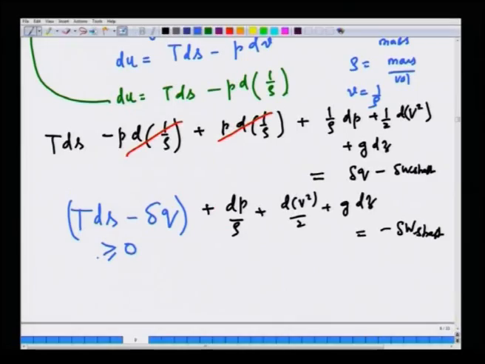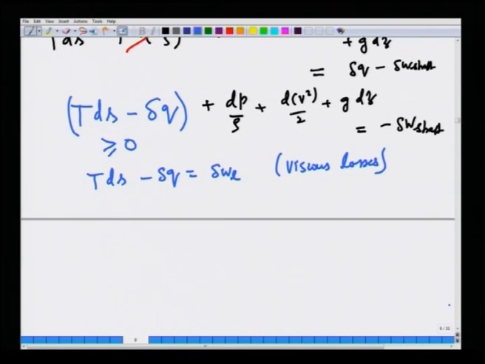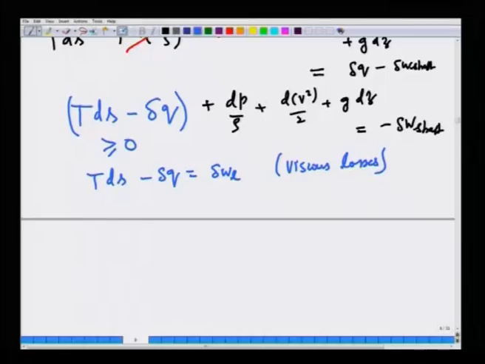This is given the symbol delta W loss, viscous losses, which cannot be retrieved as useful work, because of the irreversibility of the process, there is always a systematic conversion of macroscopic energy to internal energy. So, mechanical energy to internal energy. We cannot retrieve this back as useful work. So, these are forever lost to internal energy or the internal degrees of freedom, which will eventually manifest as an increase in temperature of the fluid. Okay. So, these are the viscous losses.